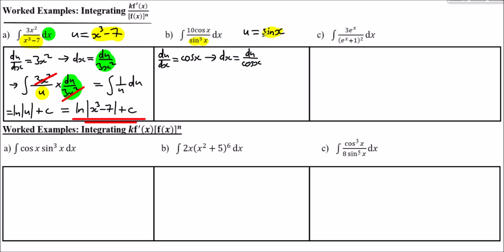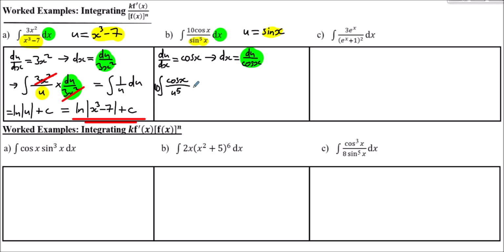So that's going to become, instead of dx, I can term it like this. Transform the integral now. That 10 I can put to the outside if I want to, or leave it there. I tend to take the constants to the outside. So I've got 10 on the outside. Cosine x, sine to the 5, because u is sine x, sine to the power 5 is u to the power 5 in terms of u.